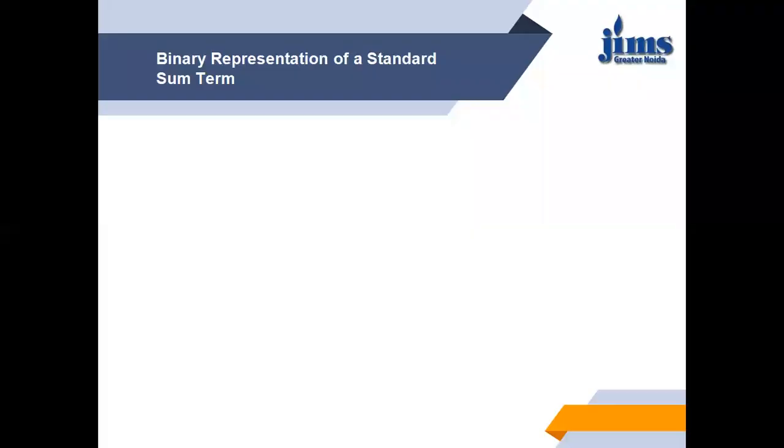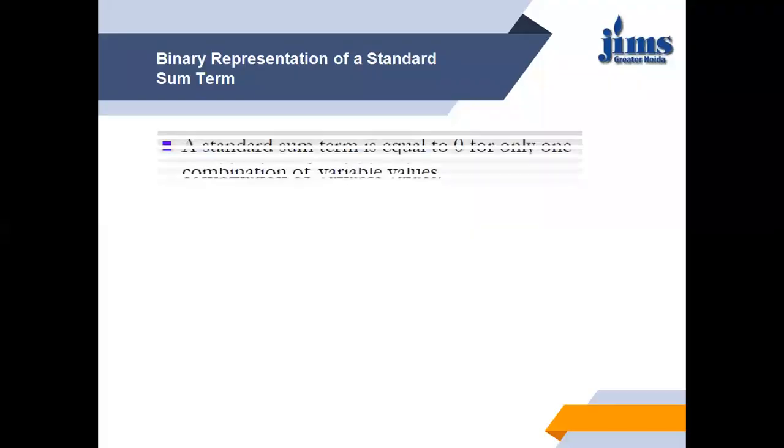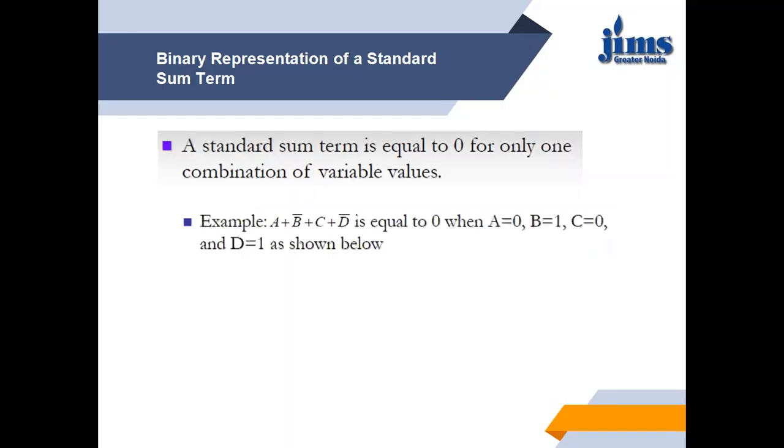Now the binary representation of a standard sum term. A standard sum term is equal to 0. As we have studied in max terms and min terms, the product terms are represented by 1, and max terms are the sum terms which are represented by zeros. In the same manner here, it is just the complement of the product term. If A is in the true value, we'll have a value 0.